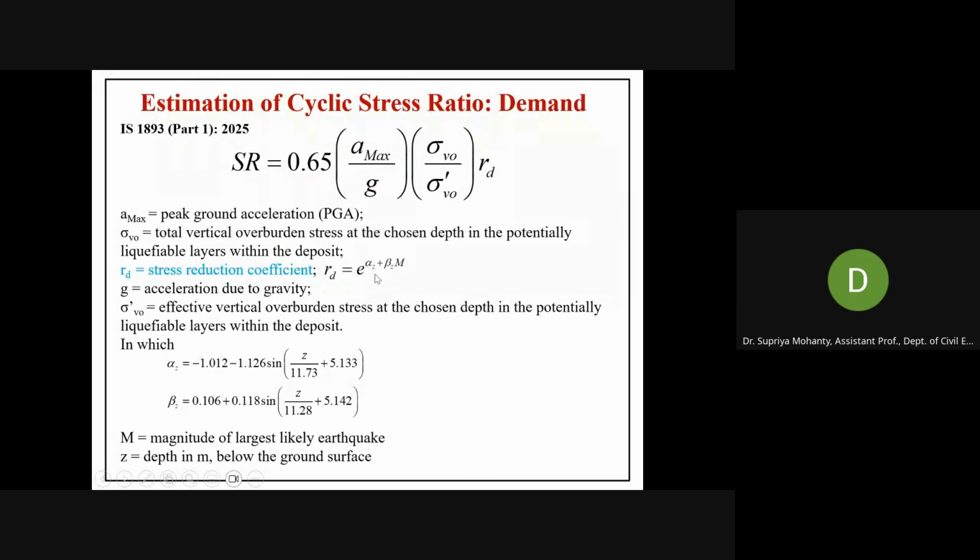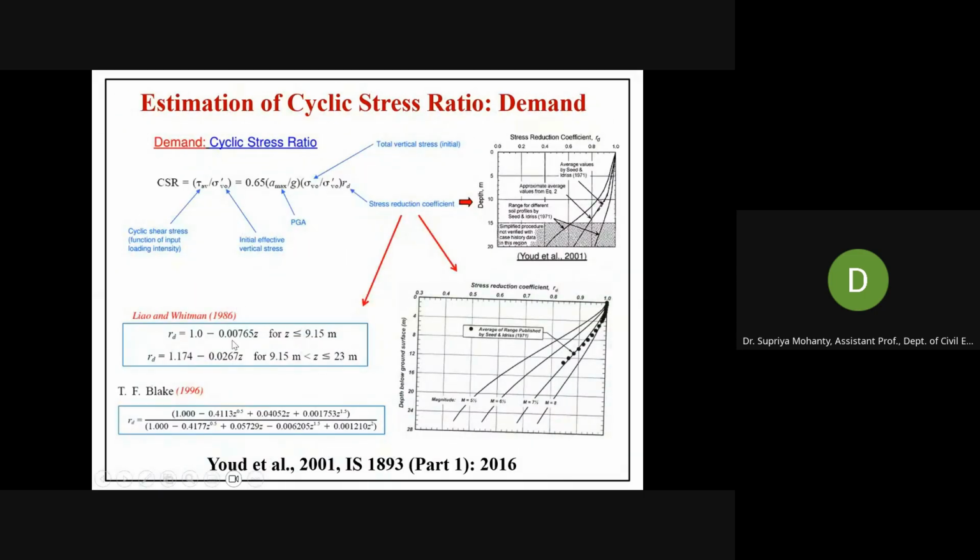Here RD is e to the power alpha z plus beta z into M. Alpha z and beta z are functions of depth and magnitude of earthquake. This is the difference in this 2025 version as compared to 2016. In 2016, RD was calculated using an expression that was a function of Z only.